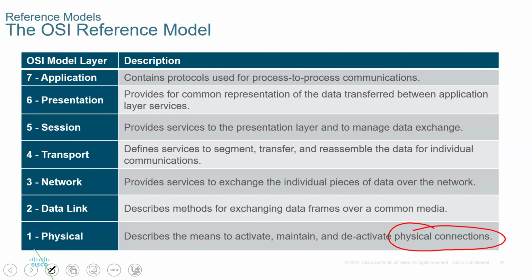Transport layer defines services to segment, transfer, and reassemble the data from individual communication. Session layer provides services to the presentation layer and to manage data exchange. Then the presentation layer provides for common representation of the data transferred between the application layer services. Application layer contains protocols used for process-to-process communication.